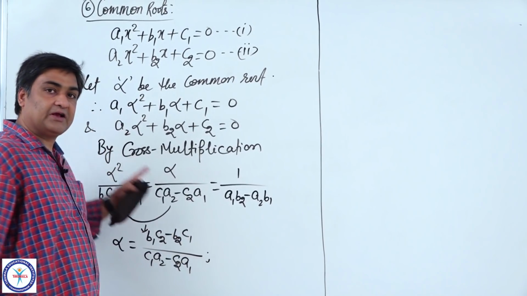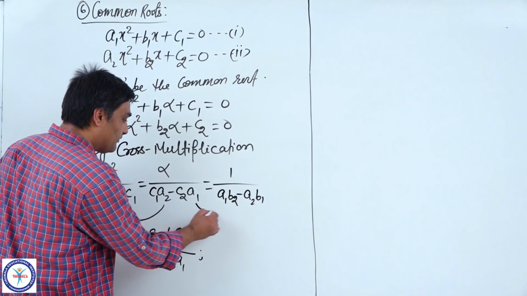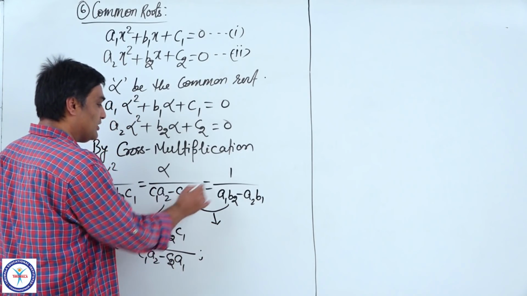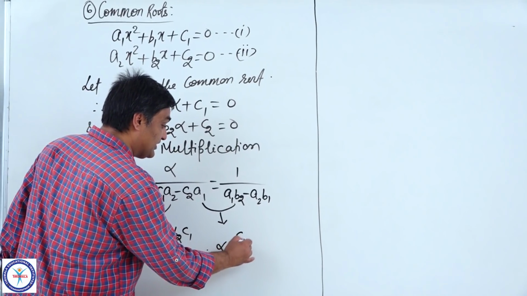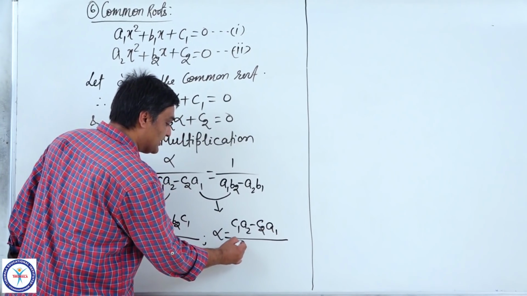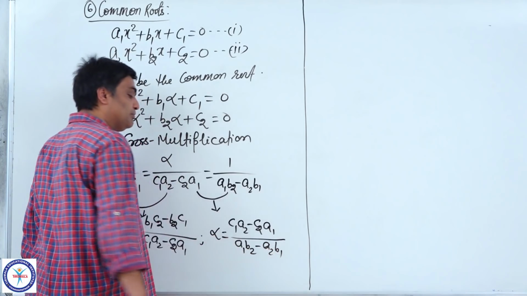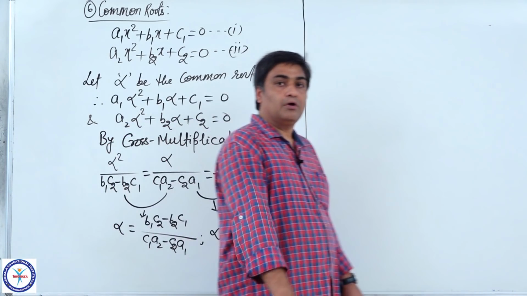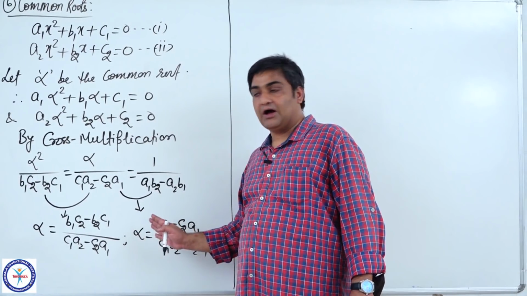And from the second and third relation, we have the value of alpha as c1a2 minus c2a1 by a1b2 minus a2b1. Both are the values of alpha.